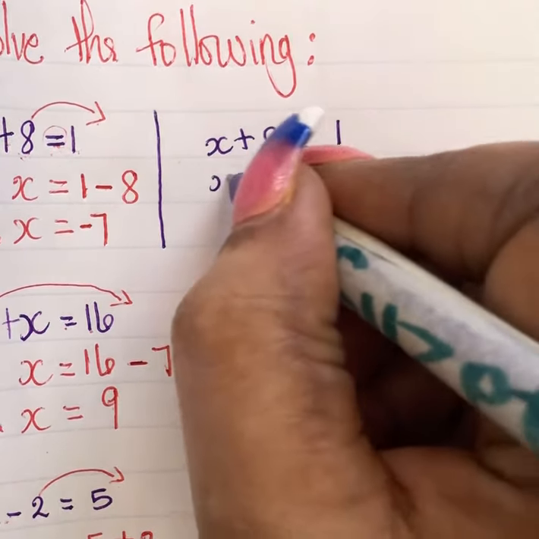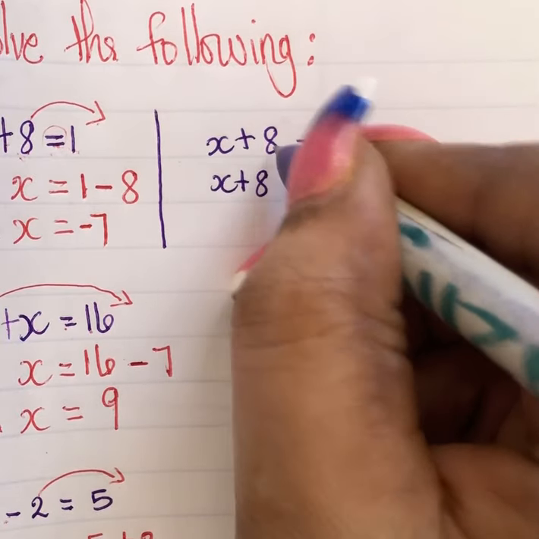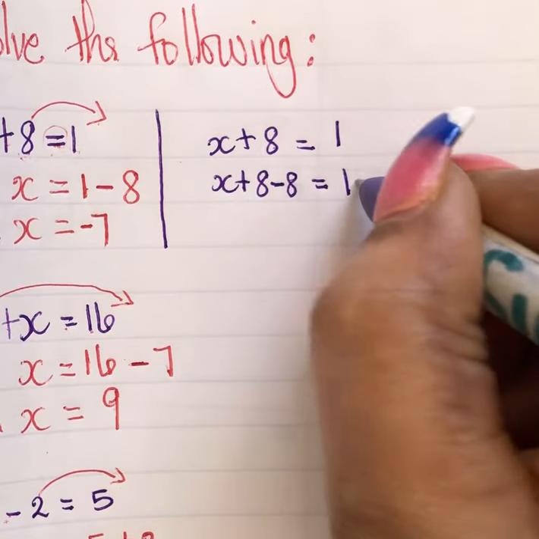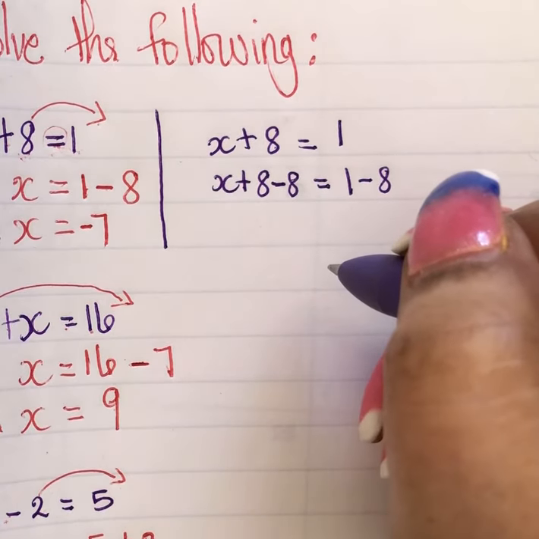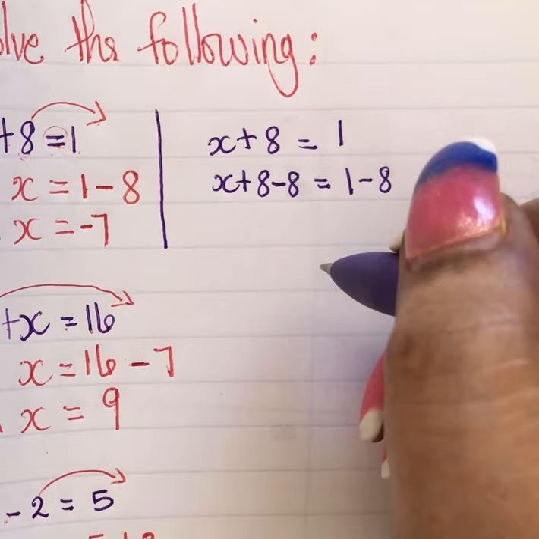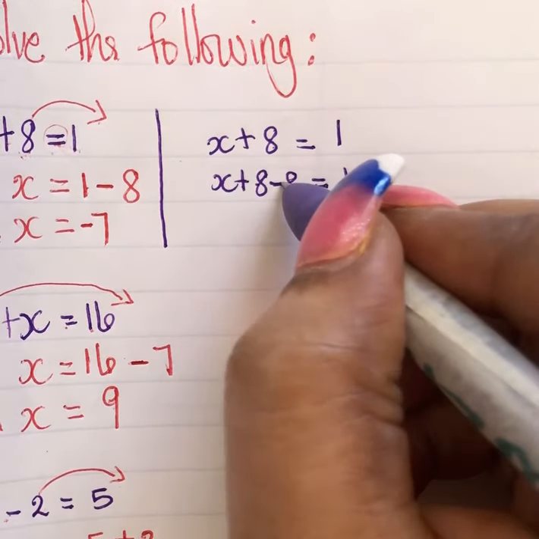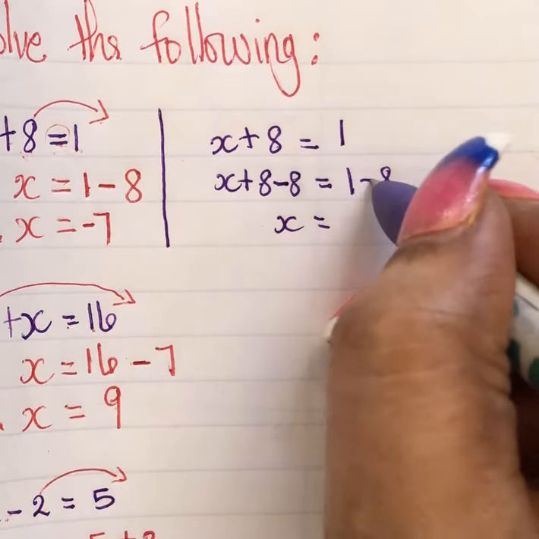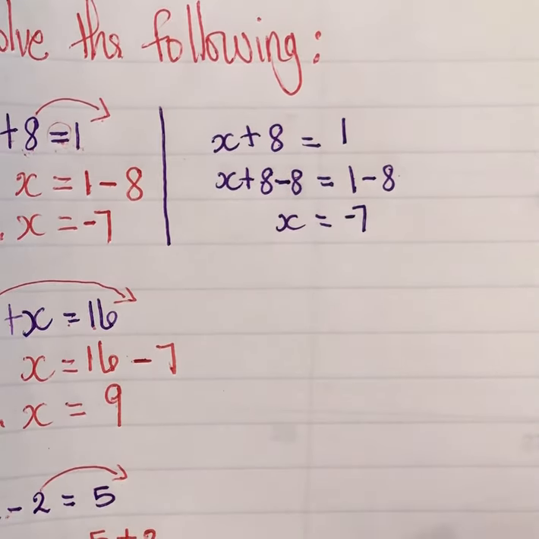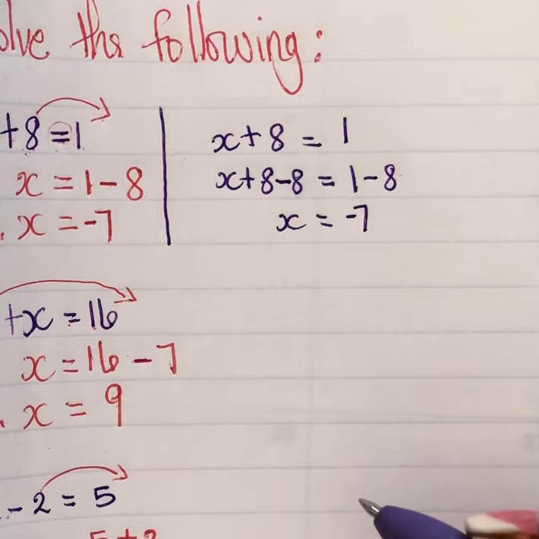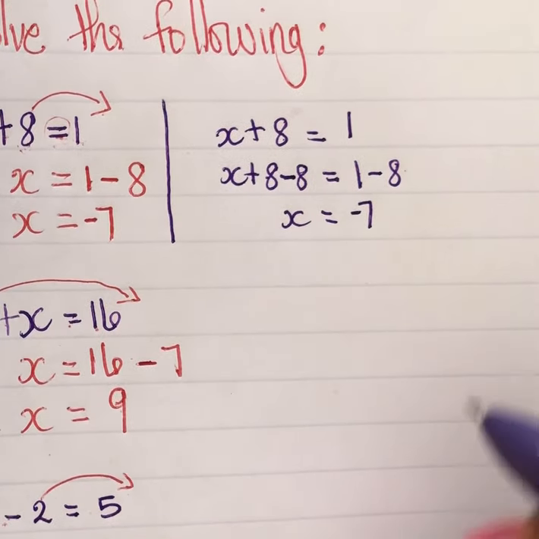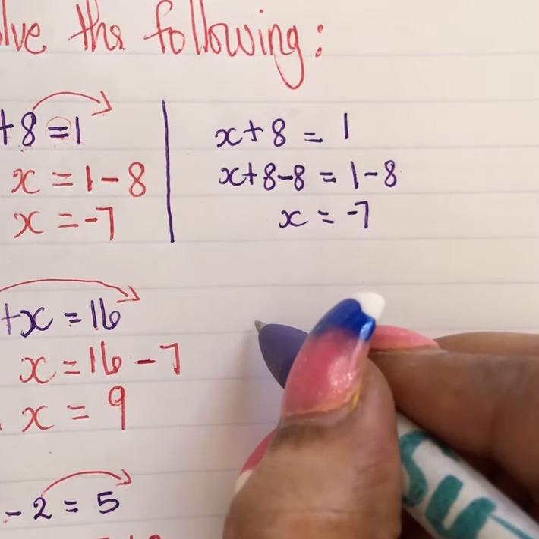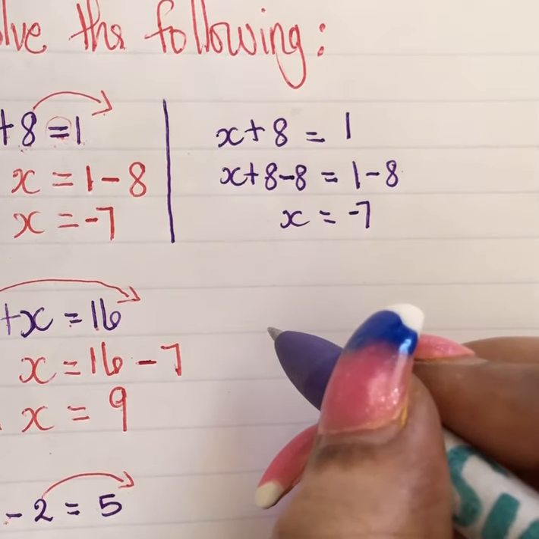To get rid of 8, we subtract 8 on the left and we subtract 8 on the right, so that 8 minus 8 leaves me with 0, and I will have my x, and then 1 minus 8 will leave me with 7. Notice another method there, and I can use it one more time for you, and you will practice the other questions on your own.